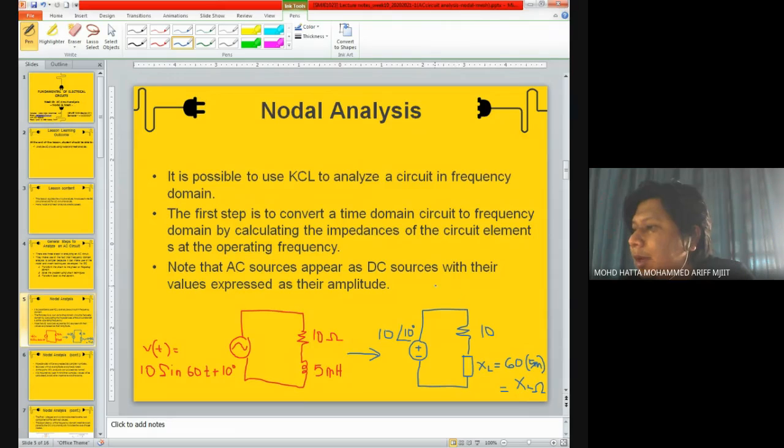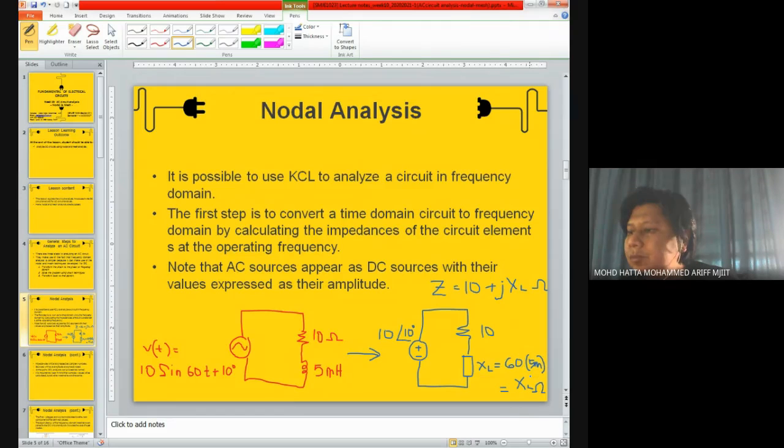My total impedance Z is given by 10, and remember this is an inductor, so it is plus j XL, whatever the value of XL. Since both are in units of ohm, you will have impedance Z in ohm as well.